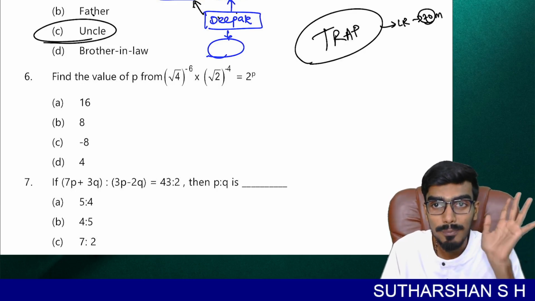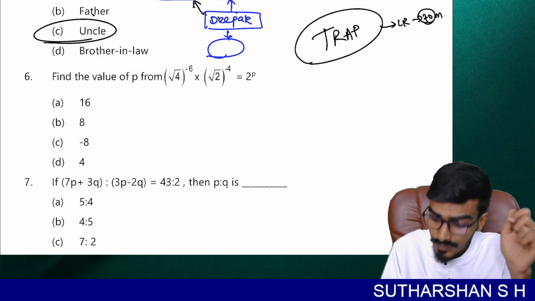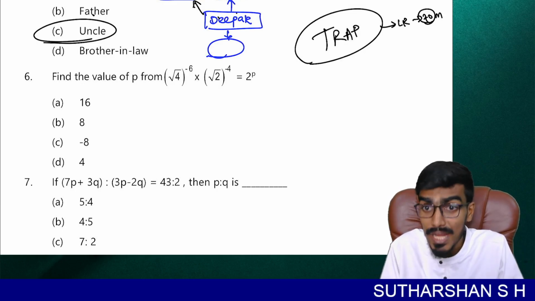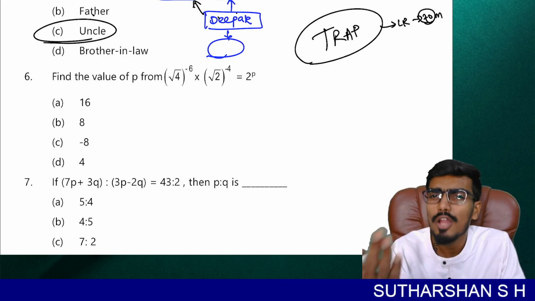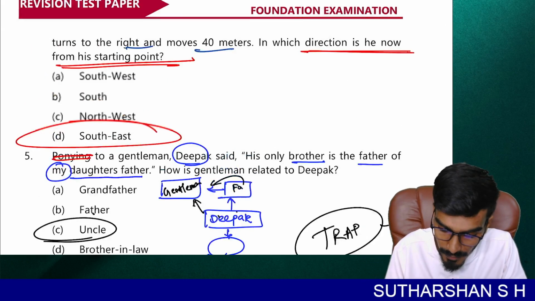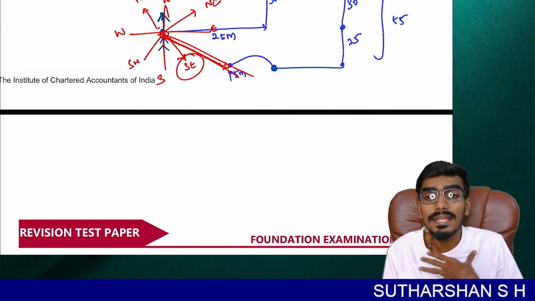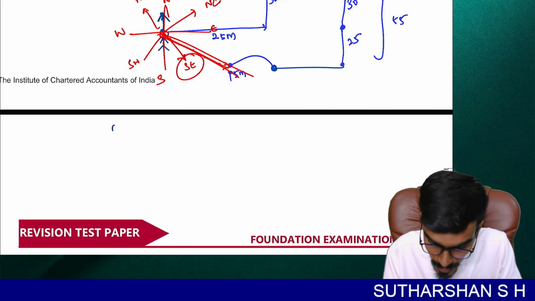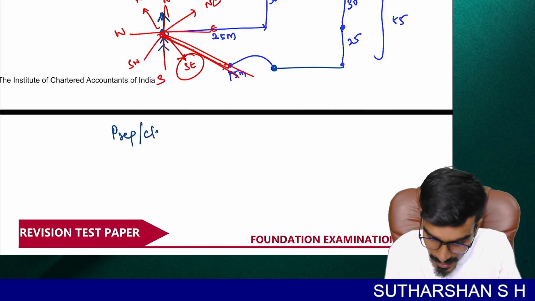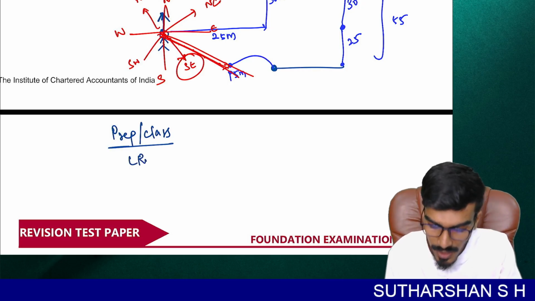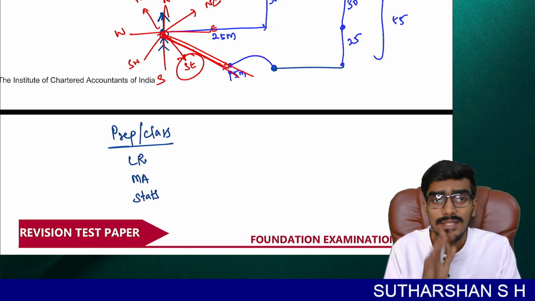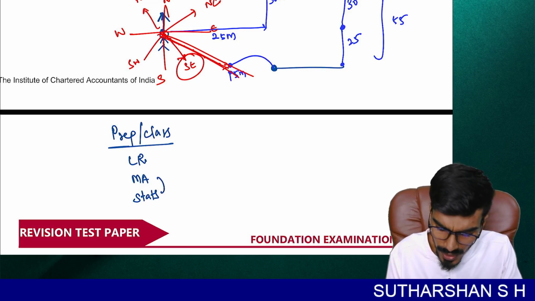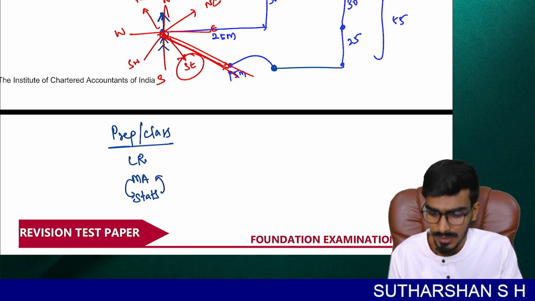Whenever you sit for preparation of logical reasoning, for example, if you are starting CA Foundation right now, whenever you prepare, that is nothing but classes. In classes, you can start logical reasoning, then move to mathematics, and then you can go for stats as well. This is one way most people do, or you can interchange this portion, depending on the person.